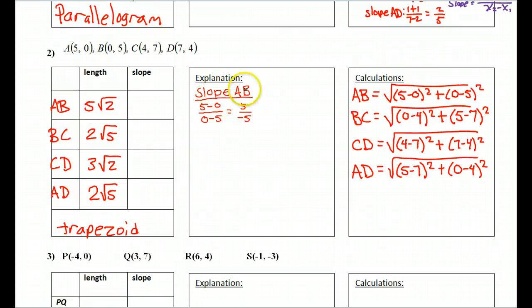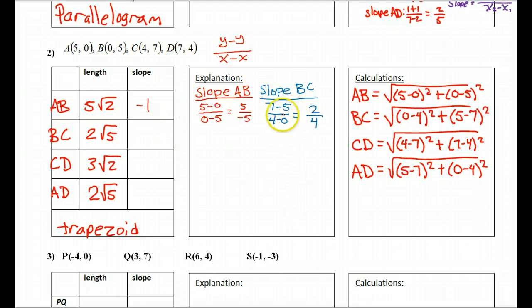For example, slope AB, which is, of course, when we're doing slope again, we're doing y minus y over x minus x. So that's 5 minus 0 over 0 minus 5. That's 5 over negative 5, which is negative 1. On the other hand, when you do slope BC, you get 2 over 4, which of course reduces down to 1/2.